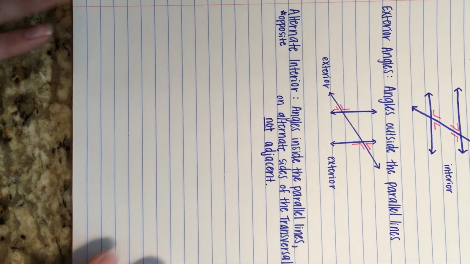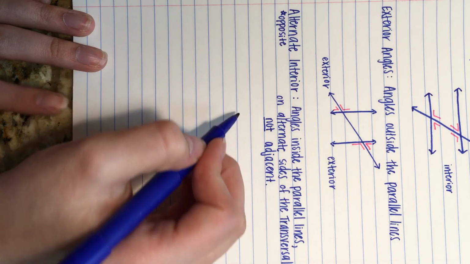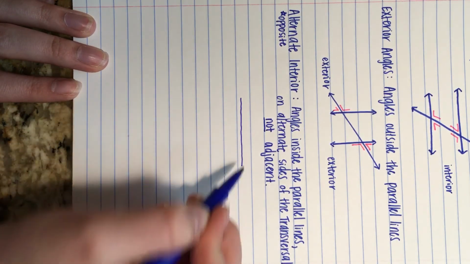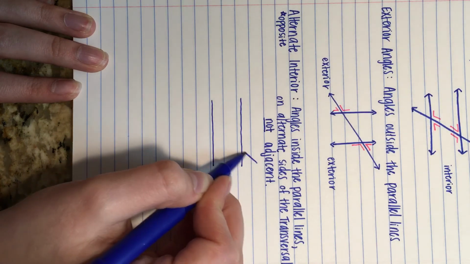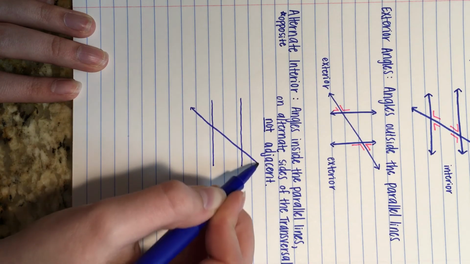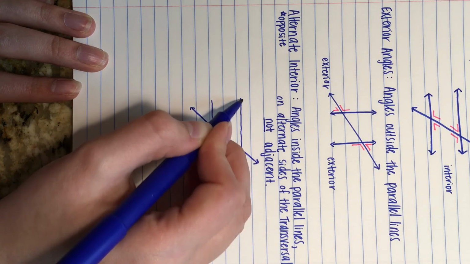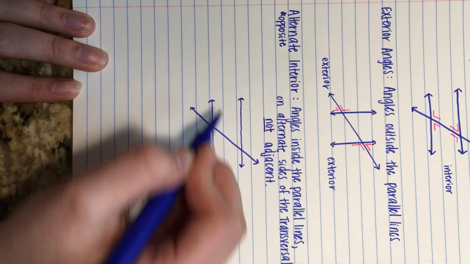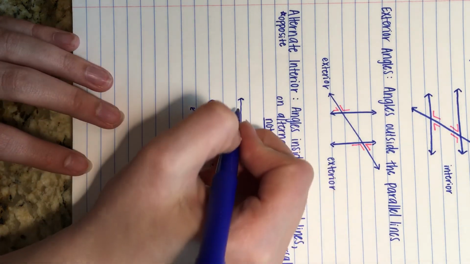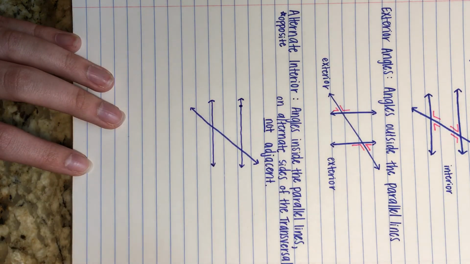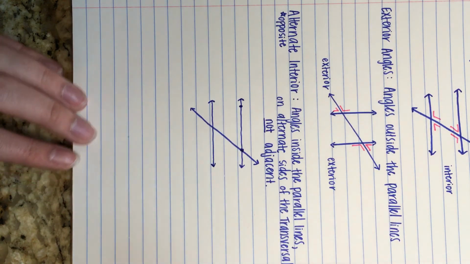I'm going to show you kind of what that looks like. So I've got my parallel lines, I've got my transversal, and I'm going to go ahead and label this kind of the way you would see it on like IXL for practice.